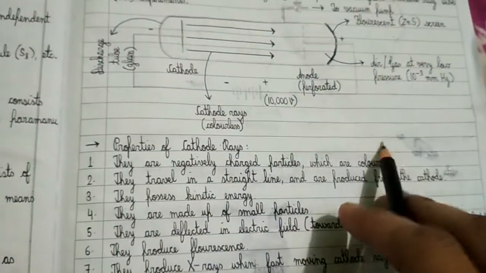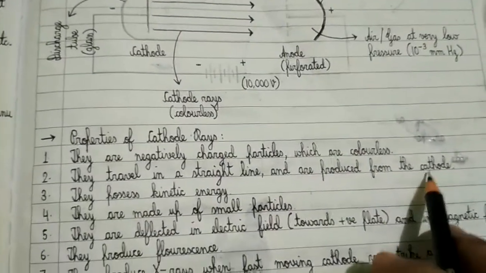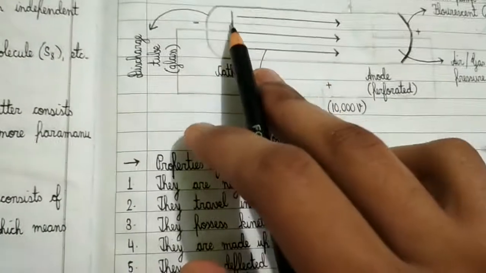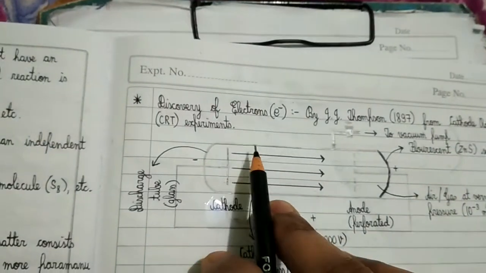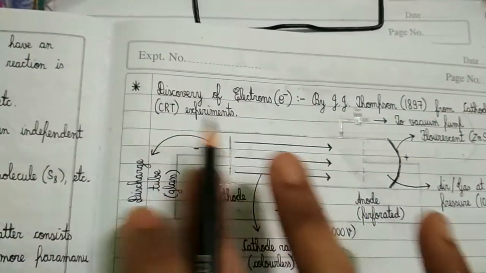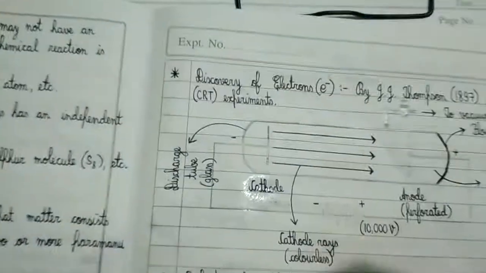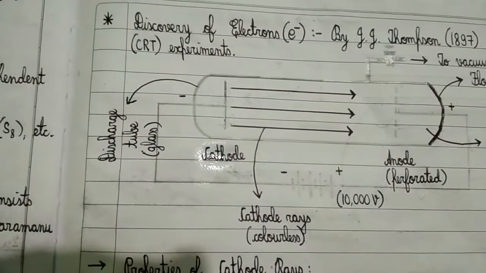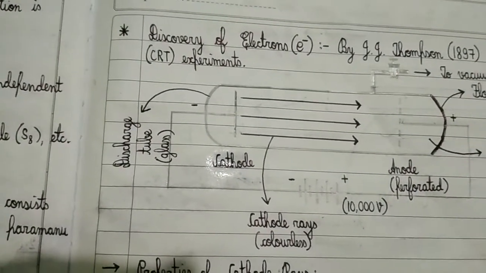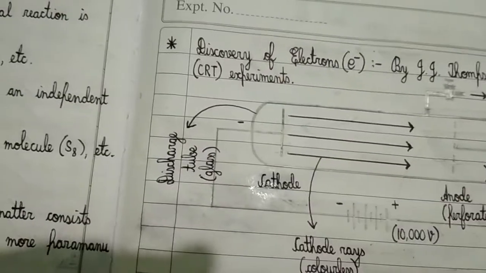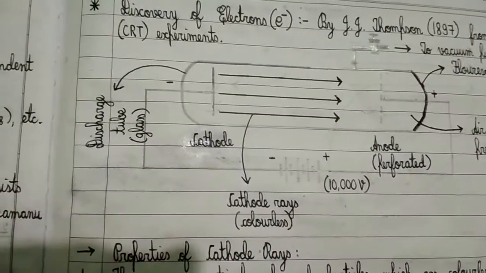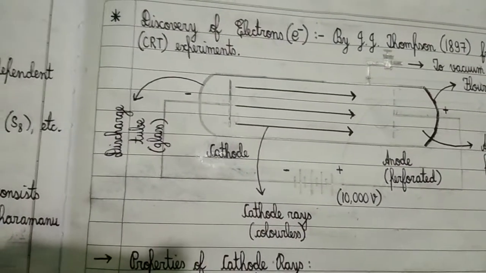Next, they are produced from the cathode. To understand this, let's imagine that in today's days we definitely know that they are electrons. So what will you expect? From where are these electrons coming? The gas is at a very low pressure, so the electrons are not coming from the atoms or molecules of the gas.